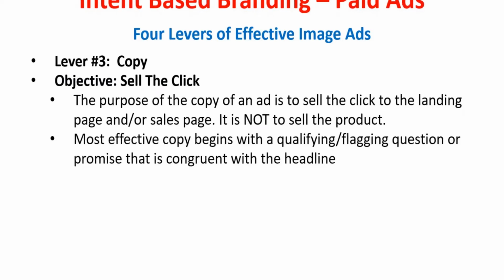The most effective copy begins with a qualifying or flagging question or promise that is congruent with the headline. What I mean by a flagging question or promise is flagging your ideal prospect, something that only your ideal prospect would respond to. So if someone was just looking for, as Frank would say, underwater basket weaving material, and your question says, do you want to know how to get clients quickly?